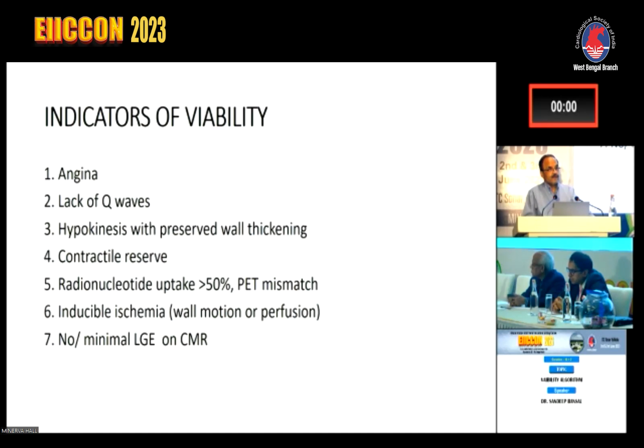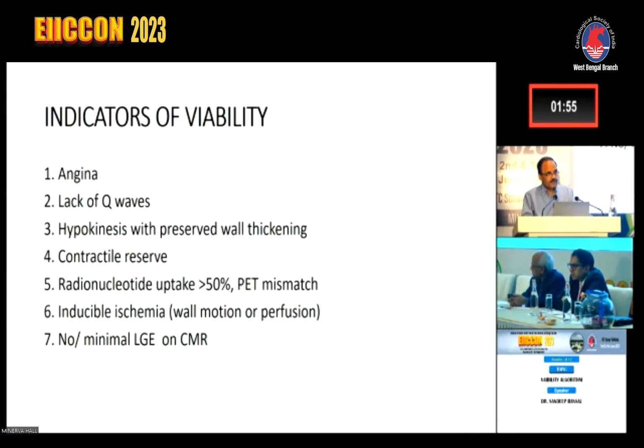There are other, easier markers, such as lack of Q waves in the ECG. Many a time we get a patient who has a proximal LAD disease, but there are no Q waves on the ECG. Likewise, there are studies to show that persistent T inversion after a myocardial infarction is another marker of viability.